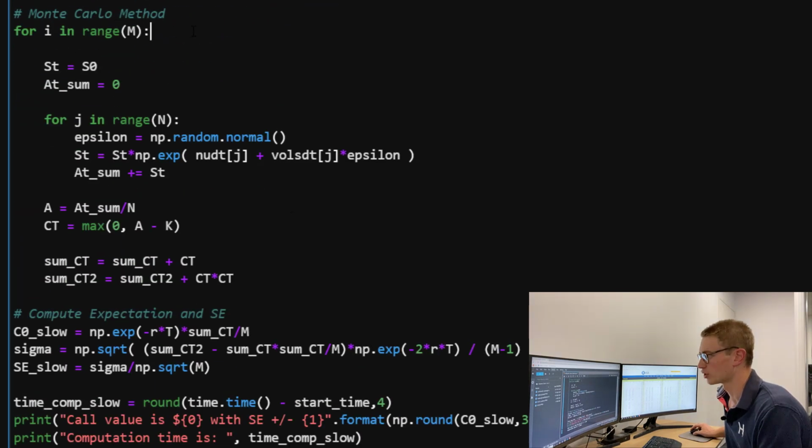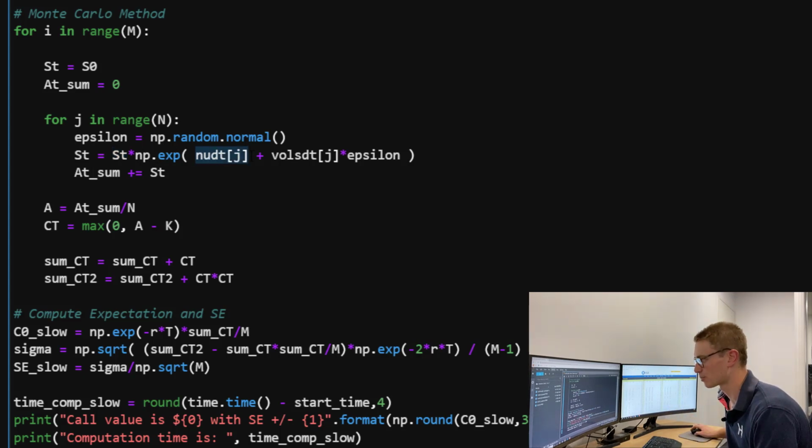We've then got our Monte Carlo simulation, where at each Monte Carlo simulation i, we're initializing with our futures price today, and we've got our arithmetic sum that's initialized at 0. Then for all time periods, we're just going to simulate our epsilon, so our random normal, our Wiener process, and we're going to calculate our new futures price at that time step.